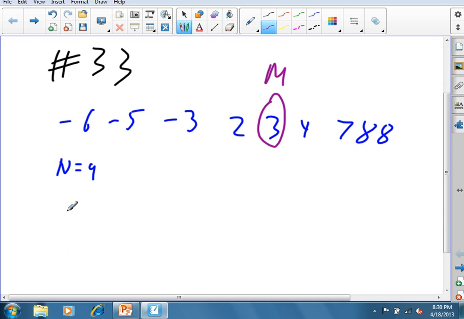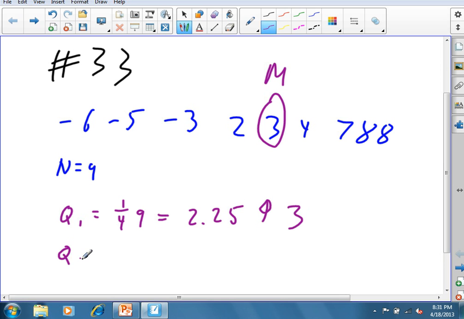Okay, now the first quartile is going to be 25% of 9. Luckily, I have my calculator. 2.25, which we're going to round up to 3.